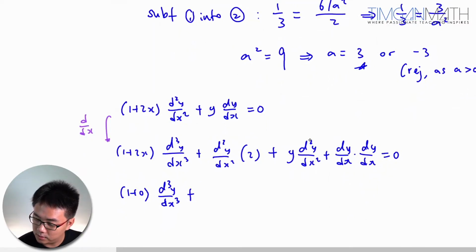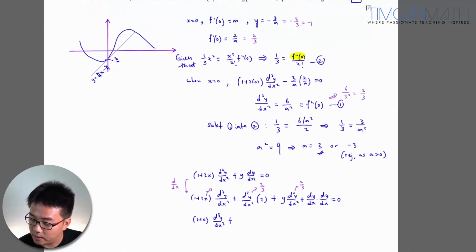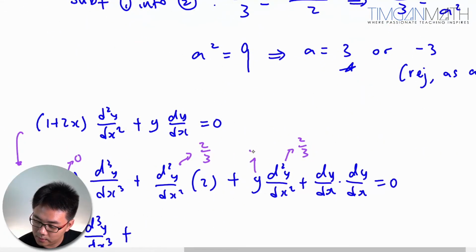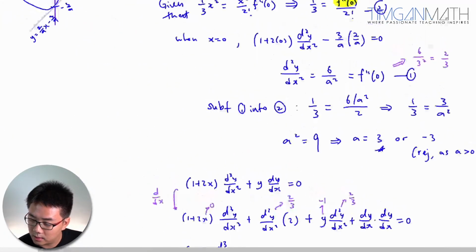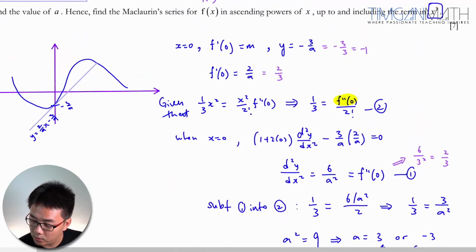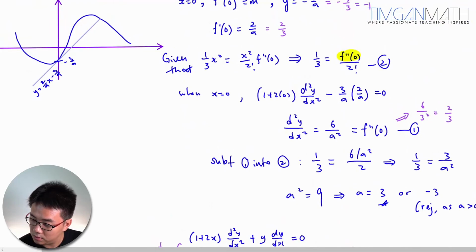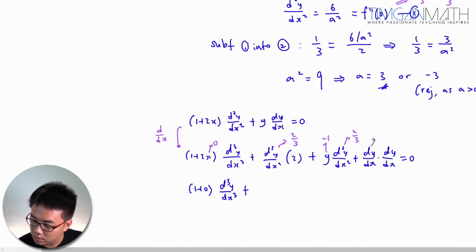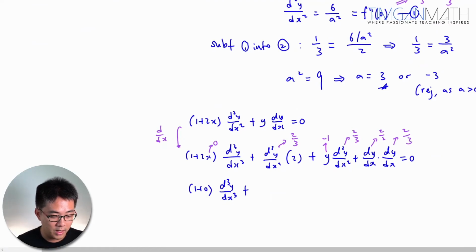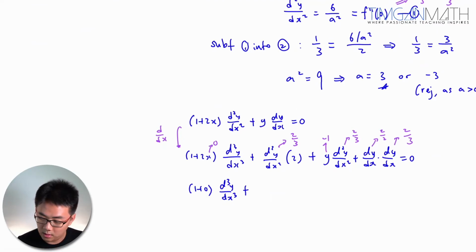So you just sub 2/3 inside, sub 0 inside. y is minus 1. dy/dx is actually just 2/3 as well. Okay, so try and substitute it in and see what you get.